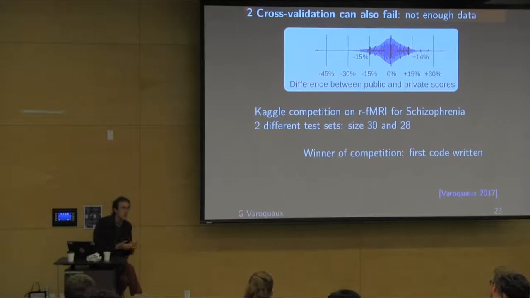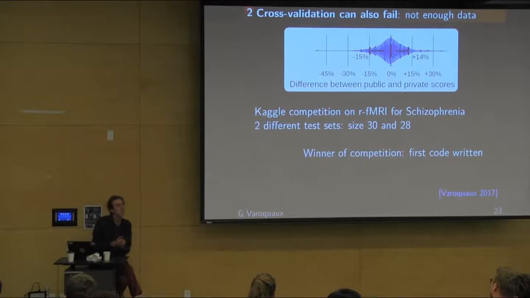People really have an incentive to do as well as possible on the private test set, even though they don't have it. What I'm plotting here is the difference between public and private test set. I can know this only because the competition is over and the results have been published. They couldn't see this during the competition. Okay?